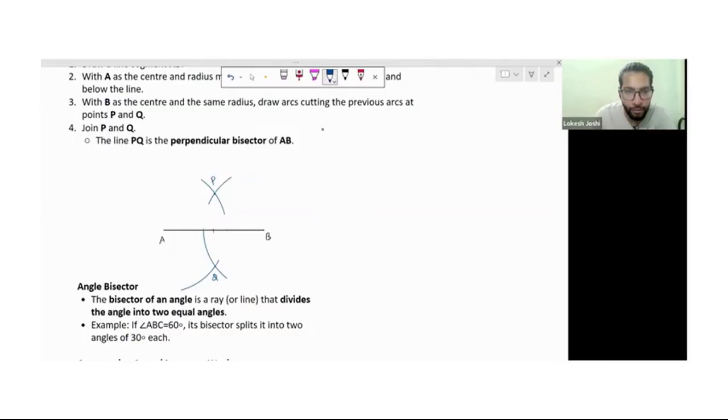If I join PQ, then this line PQ is the perpendicular bisector of AB.